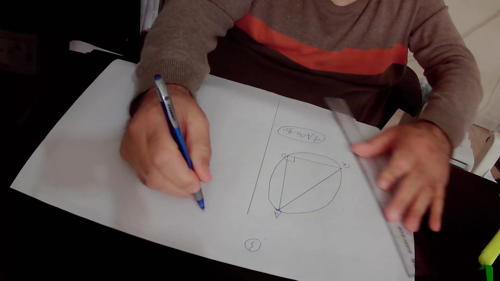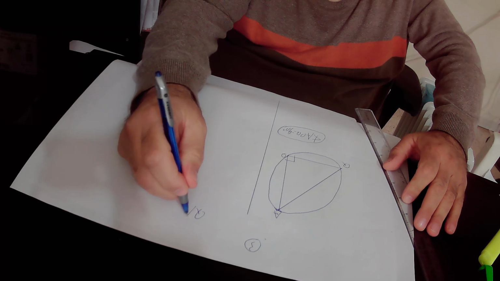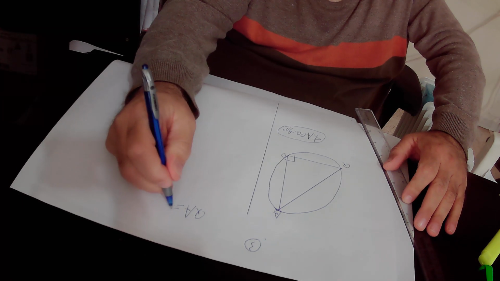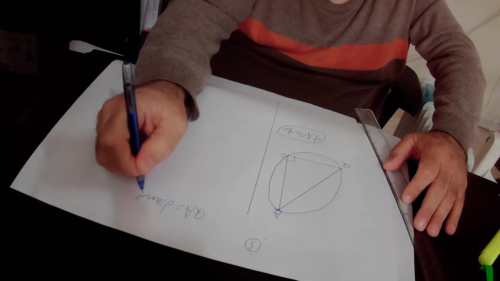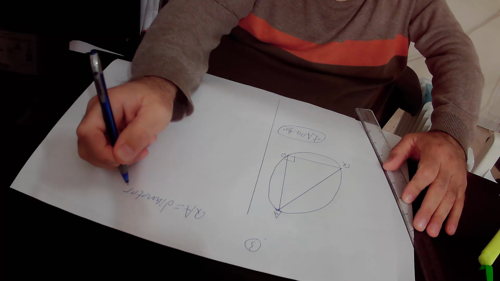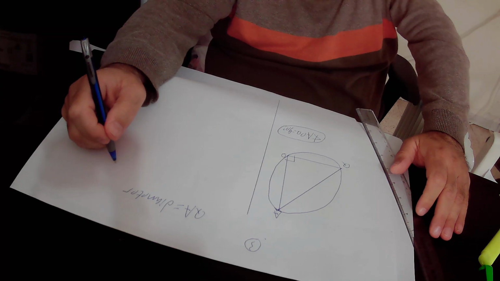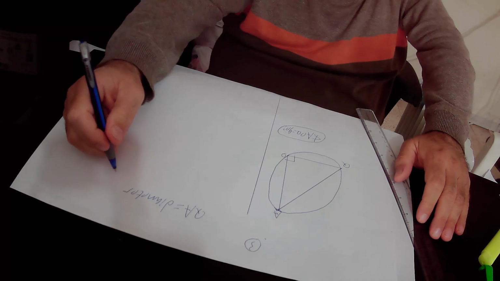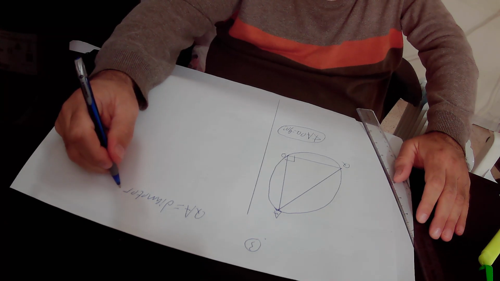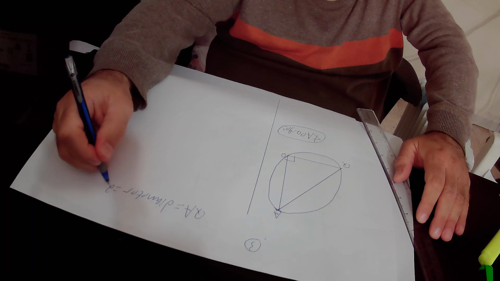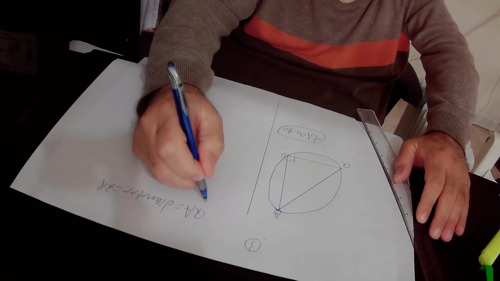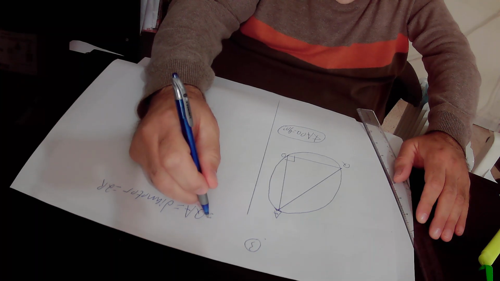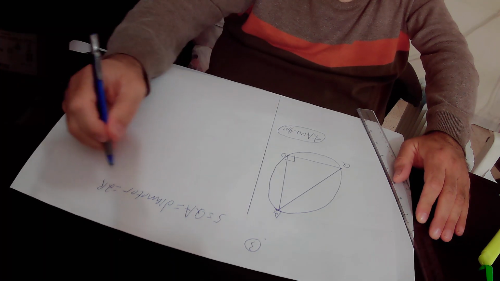I write it down. QA is the diameter of the circle. And we know that the diameter of any circle equals 2 times the radius. So the diameter of this circle is equal to 2 times r. It is given that QA equals 5 units in its length.